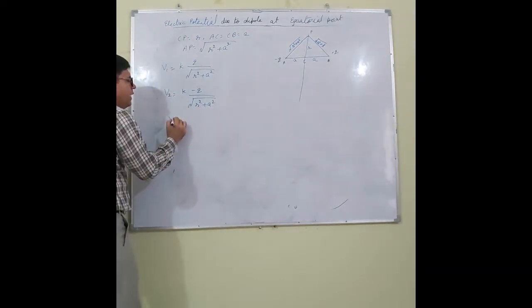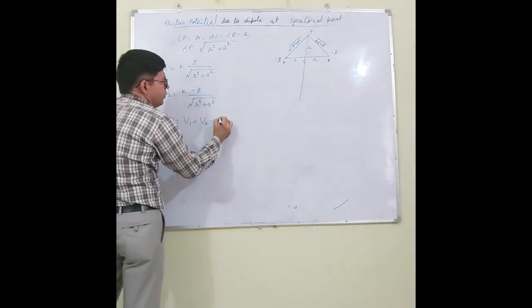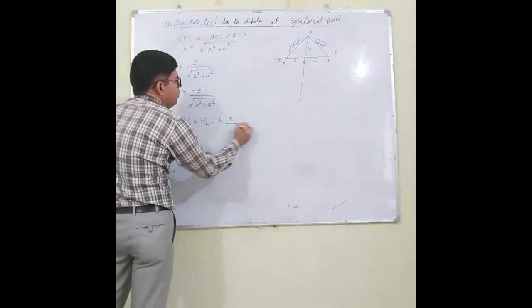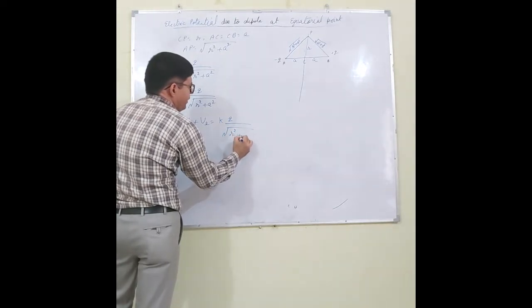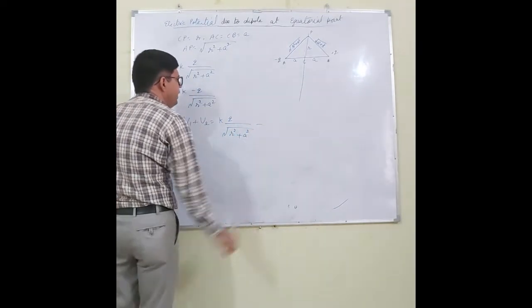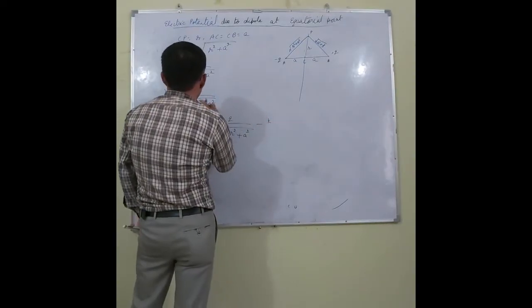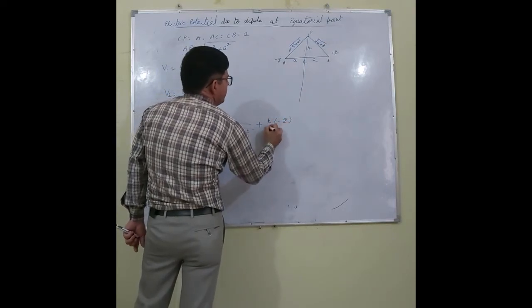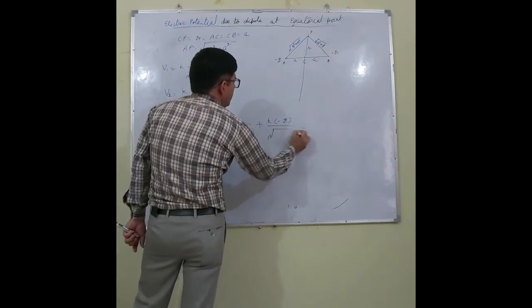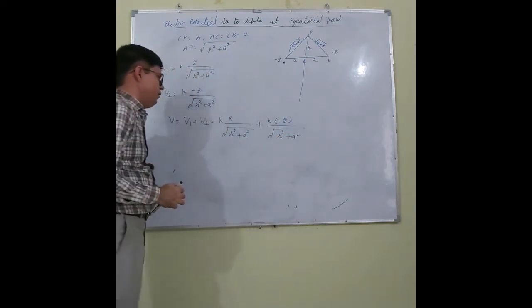And what is the total electric potential? Sum of these. So K Q upon under root R square plus a square, plus K minus Q upon under root R square plus a square.